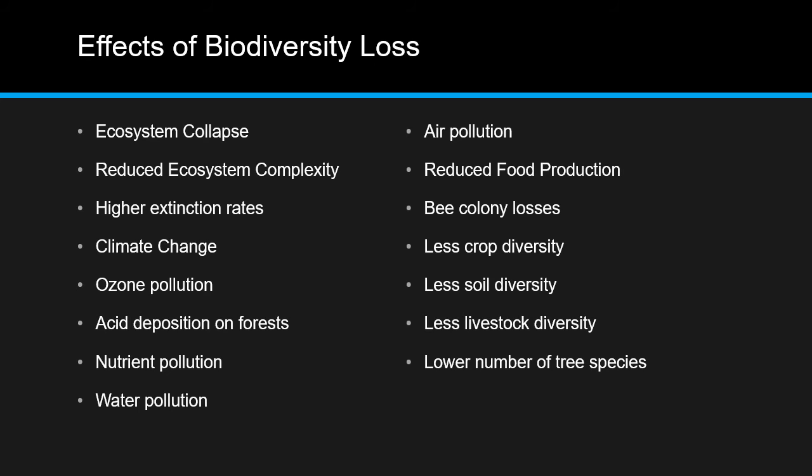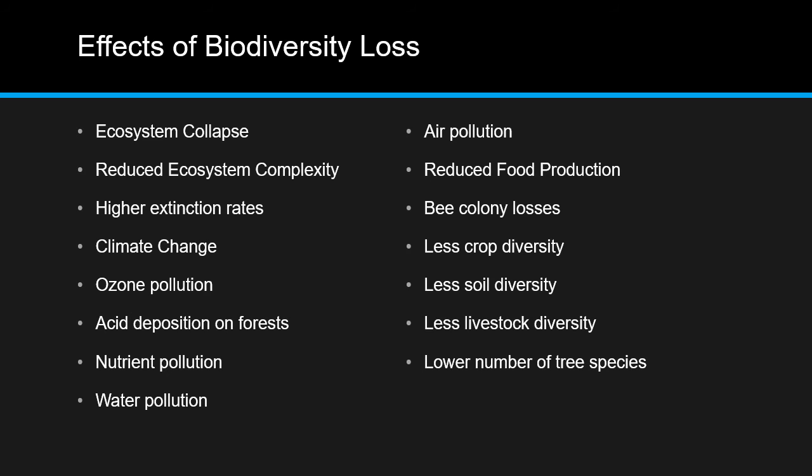Biodiversity loss can also cause nutrient pollution, water pollution, air pollution, reduced food production, bee colony losses. So as a result, bee colonies can struggle to survive and really it can impact even the production of honey.